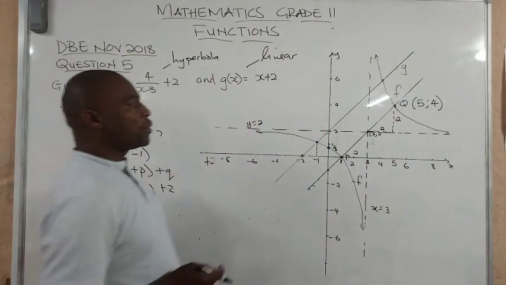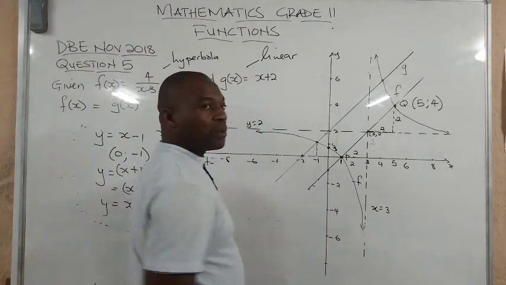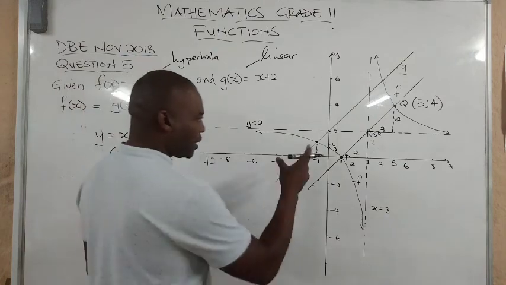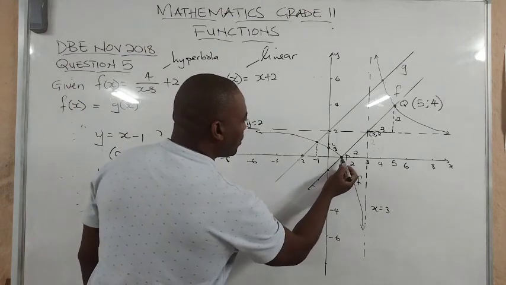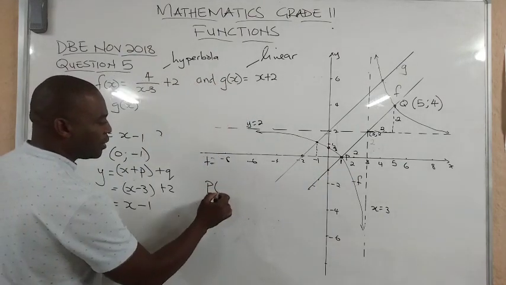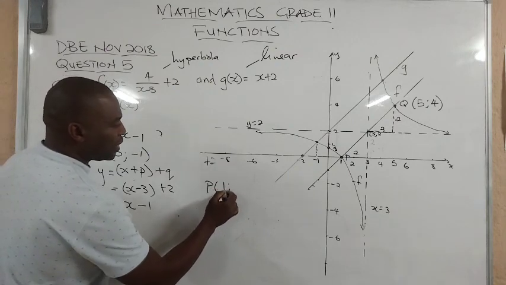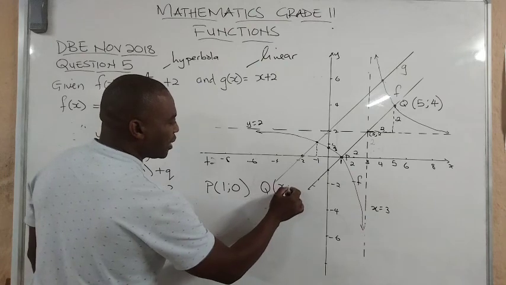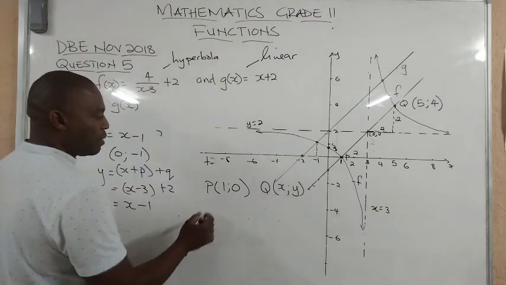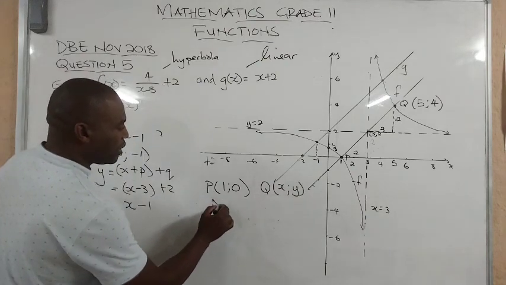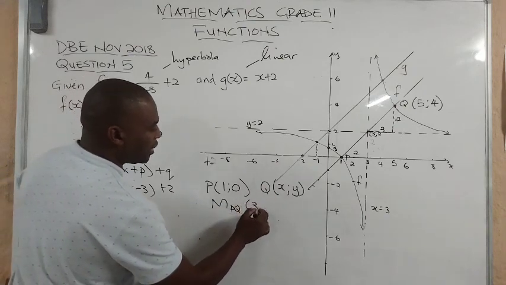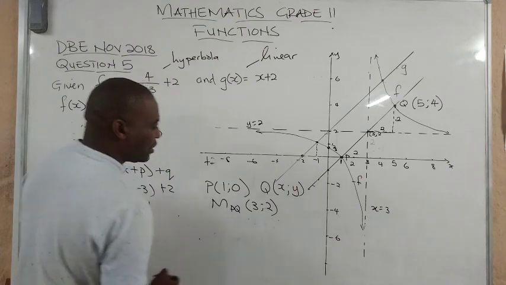We can also use the midpoint formula in analytical geometry. We can employ that here. We already know the coordinates of P, (1, 0). The coordinates of Q, we don't know them. We can use (x, y). But we know the midpoint of PQ, that is (3, 2).